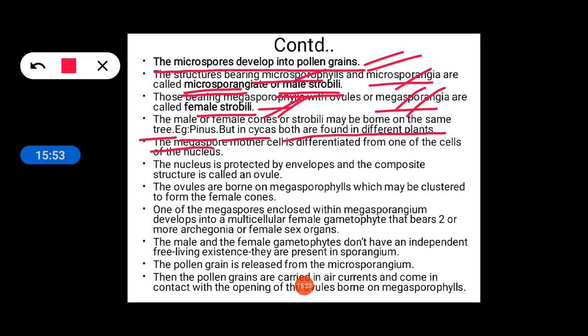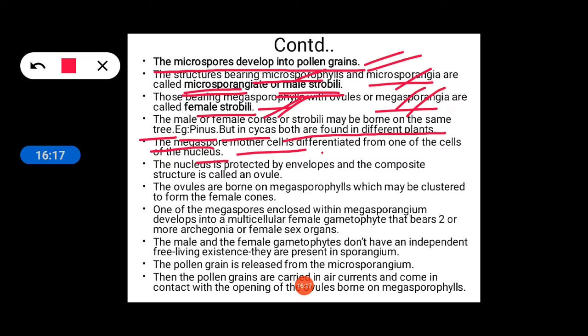The megaspore mother cell is differentiated from one of the cells of the nucellus. From the various cells present in the nucellus, the megaspore mother cell is differentiated.